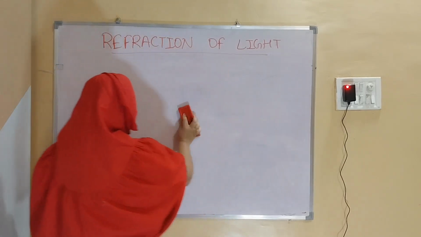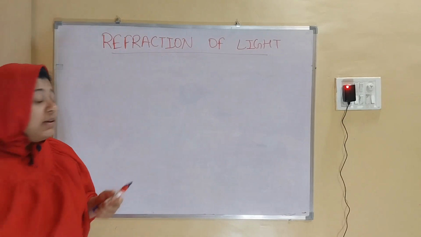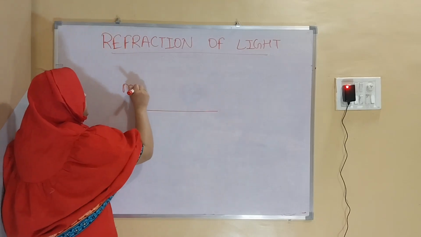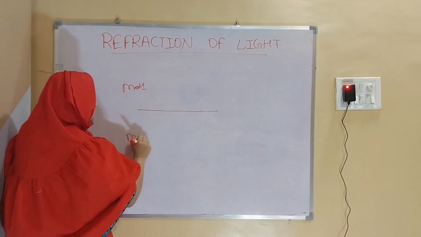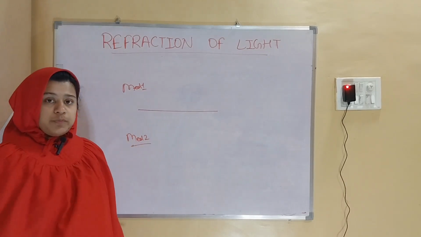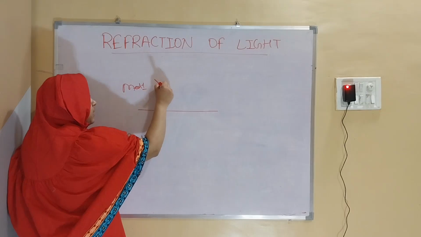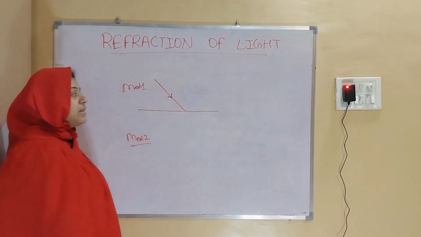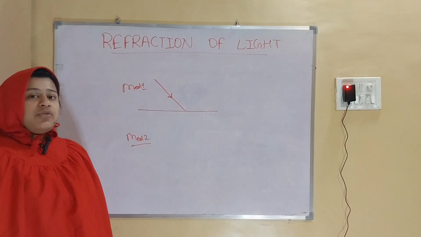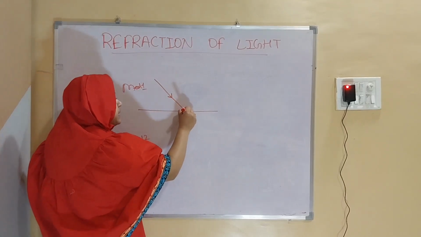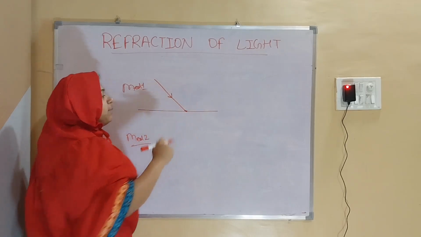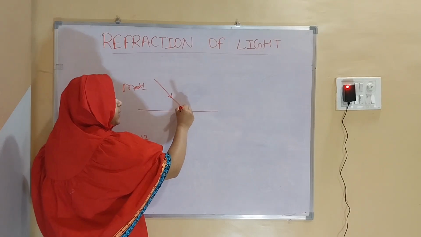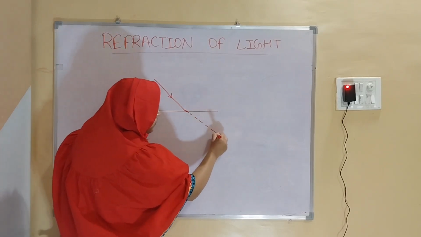When light goes from one medium to another, its direction changes. For example, this is medium 1 and this is medium 2. This is the path of the light ray. The actual path of the light ray was this one.